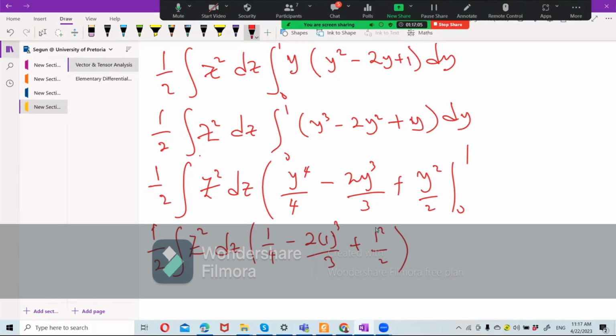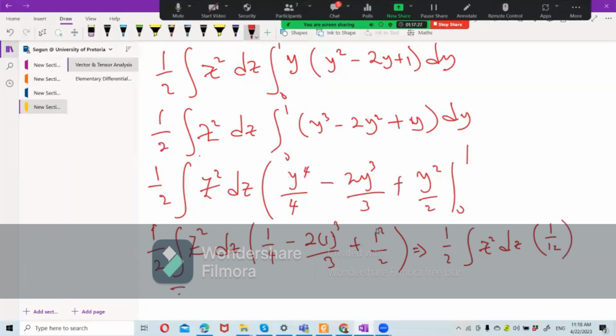If you substitute 0 there, everything will turn to 0, so you don't need to bother yourself. If you calculate this very well, you have 1 all over 2 integral of z squared dz multiplied by 1 all over 12. So at the end of the day, you have 1 all over 24 integral of z squared dz.